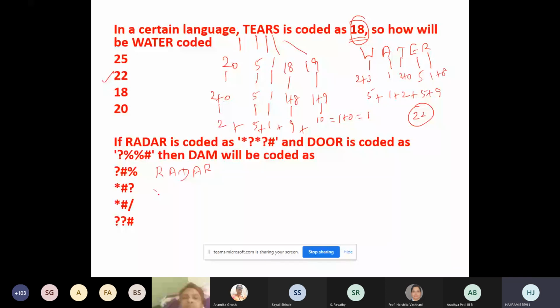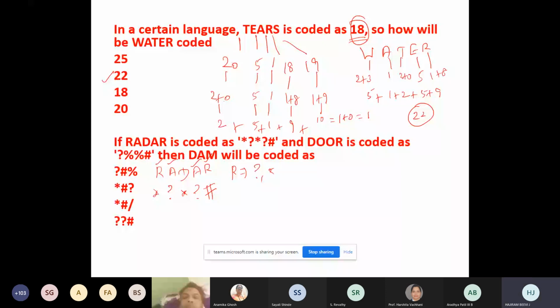So in radar we are having 2 R's, then 2 A's. So here also we are having 2 stars or 2 question marks. From this we can conclude that R may be question mark or star, then A may be question mark or star.